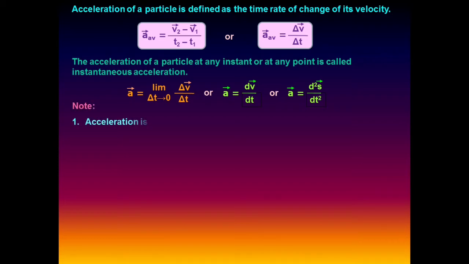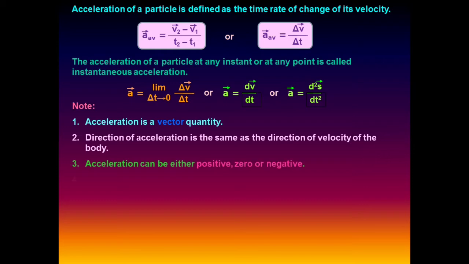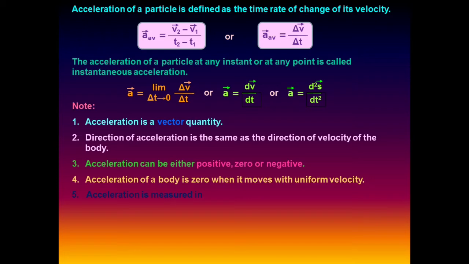Some of the points we must remember about acceleration: acceleration is a vector quantity. The direction of acceleration is the same as the direction of velocity of the body. The acceleration can be either positive, 0 or negative.